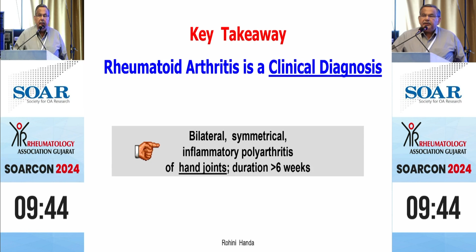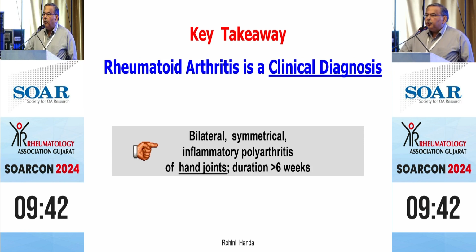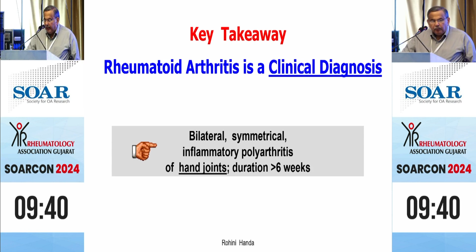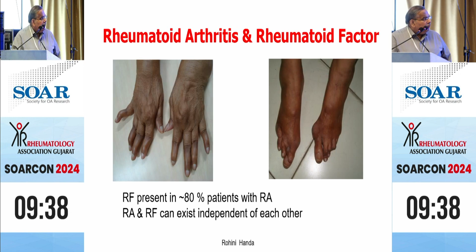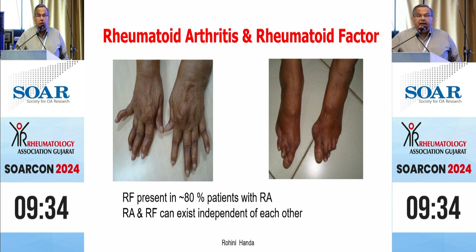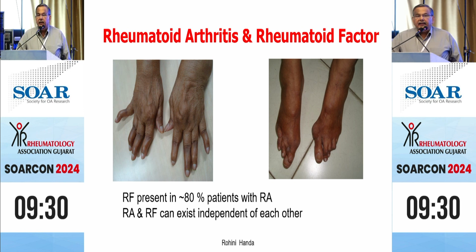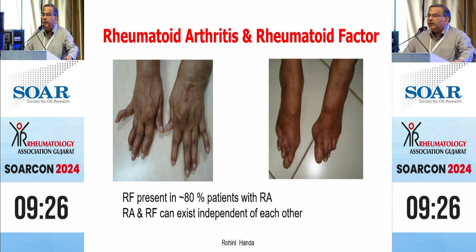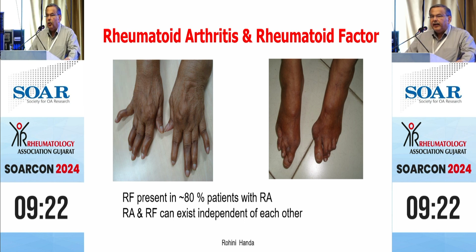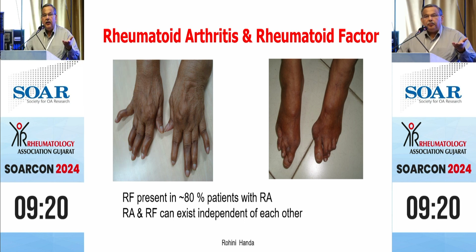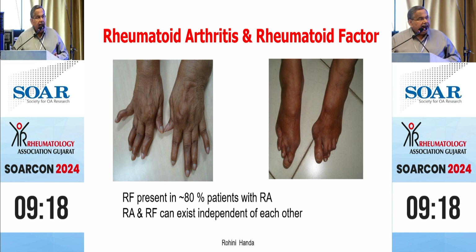So examination of the hands is what you require to diagnose rheumatoid arthritis with only a modicum of investigations. Rheumatoid arthritis and rheumatoid factor can exist independent of one another. Nearly 20% of your patients with rheumatoid arthritis are going to be seronegative, and the only way to make that diagnosis is clinical examination.